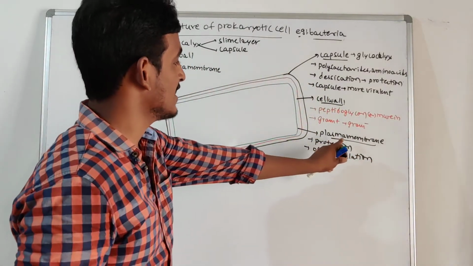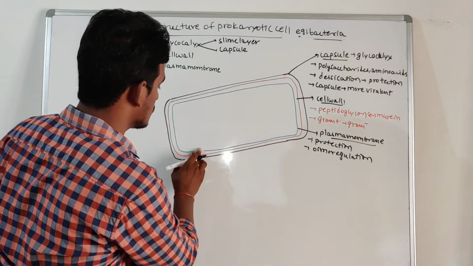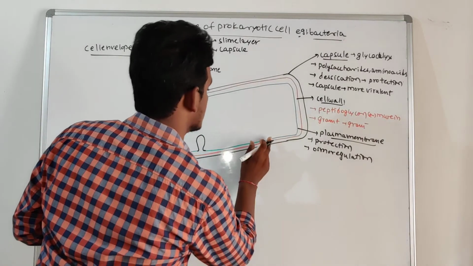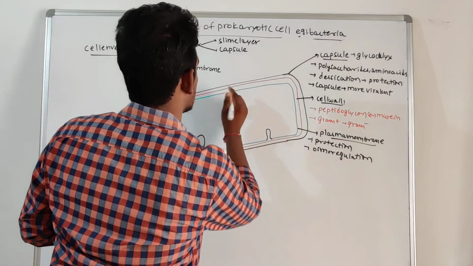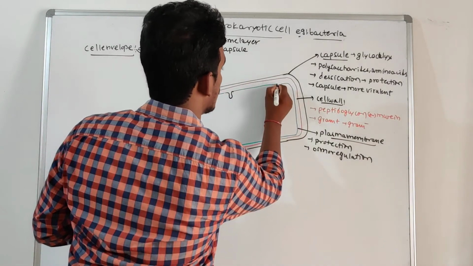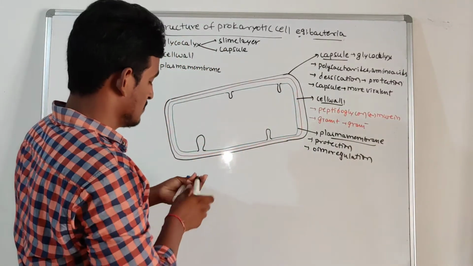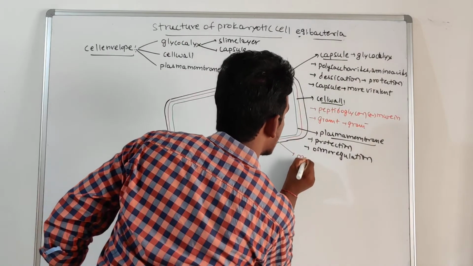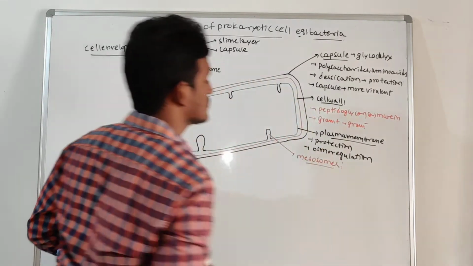In the plasma membrane, there are some inward foldings. Towards the inner side it shows folding-like structures, and these are called mesosomes.